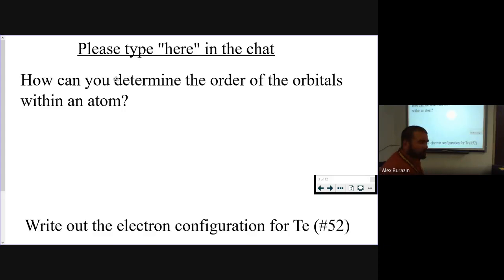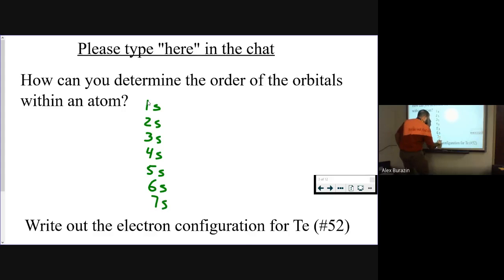The other way, and I'll draw it again, is this little picture, or this from memory. If you're able to draw this picture, you can get the order every single time absolutely correct. All right, so here it goes. All the s orbitals, all the p orbitals.